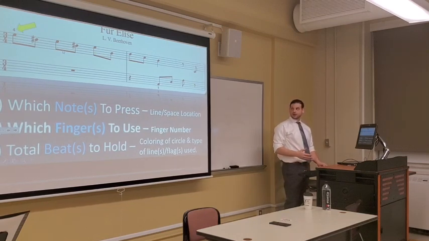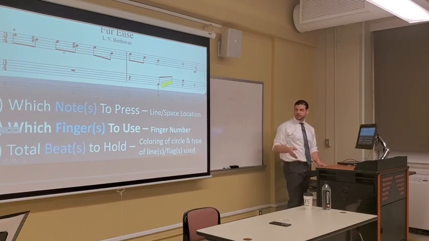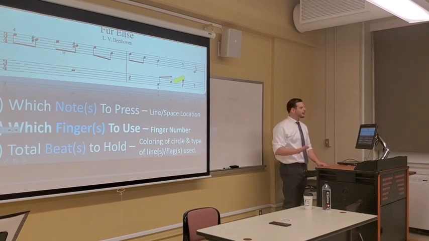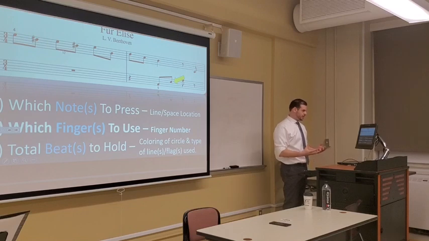To understand which finger you use, there are small numbers which tell you what finger to use on a certain note. However, the system is rather complicated, so just because you have a 5 over here does not mean the fourth finger will come on the next note. It's a rather challenging system, I imagine as challenging as when people design roads. You have so many different factors that you have to deal with to get it right.